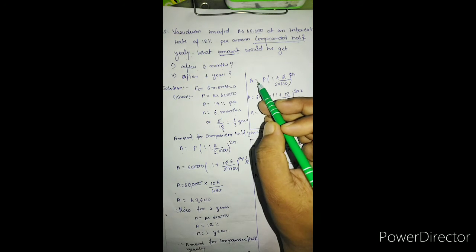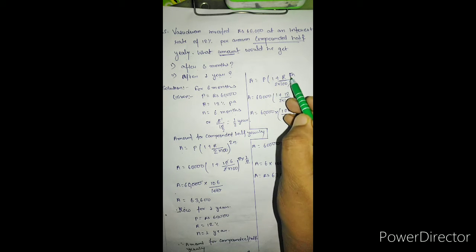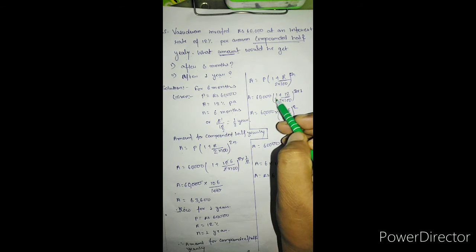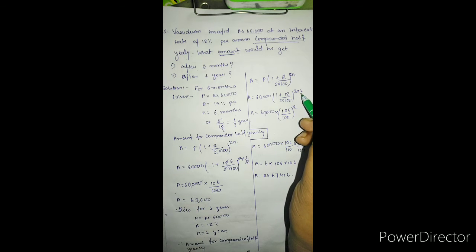So the formula is A is equal to P into (1 plus R by 2 into 100) to the power 2n. So P value is 60,000 into 1 plus 12 by 2 into 100 to the power 2 into 1. N is what? 1 year. So n is equal to here 1.